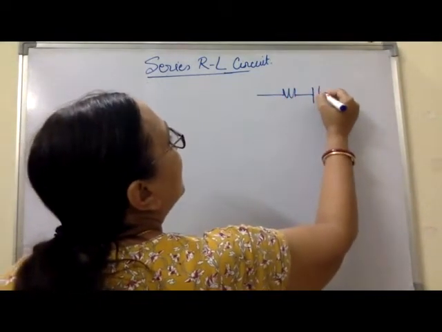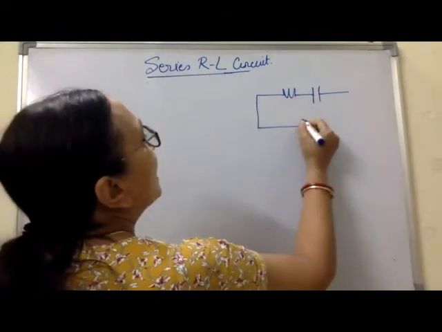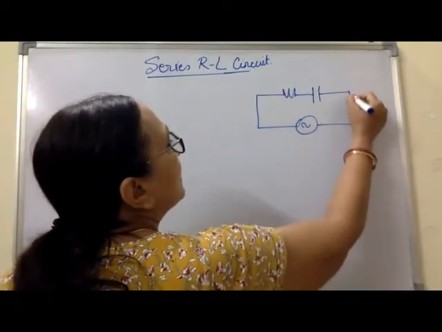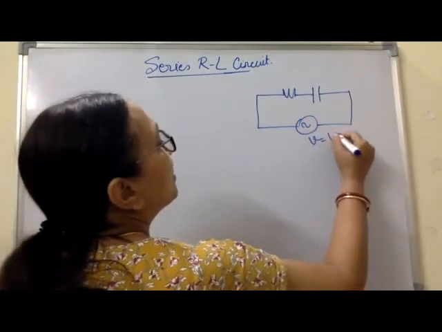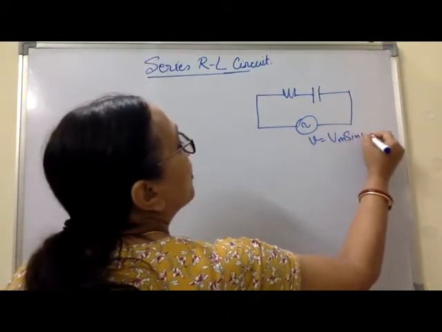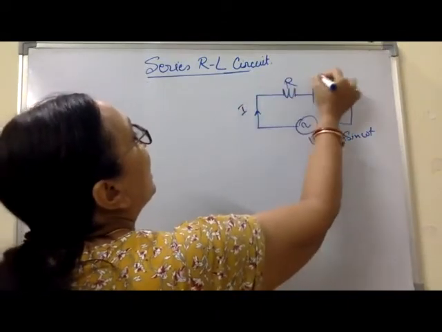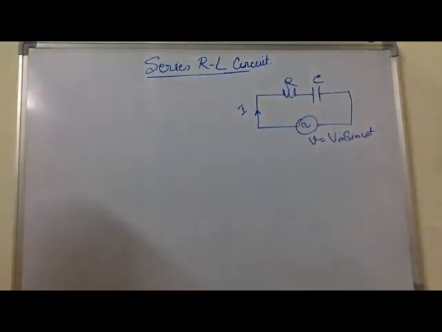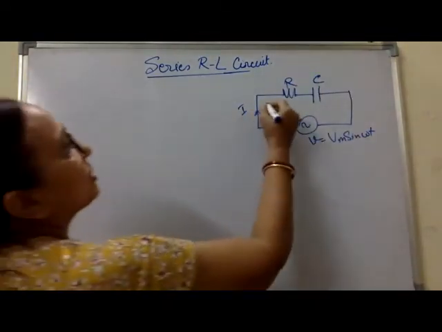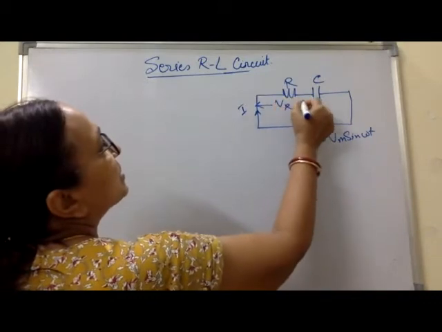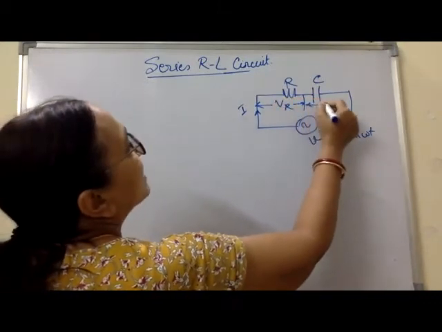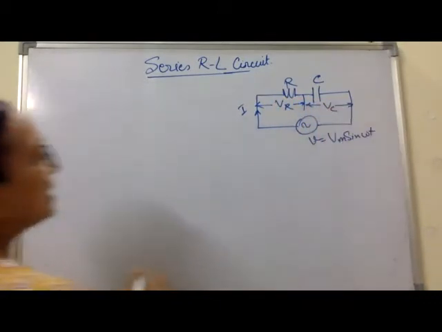For the RC circuit, we'll take resistance and capacitance in series, with applied voltage Vm sin omega t. The current will be the same, and the voltage across the resistance is VR and across the capacitor is VC.